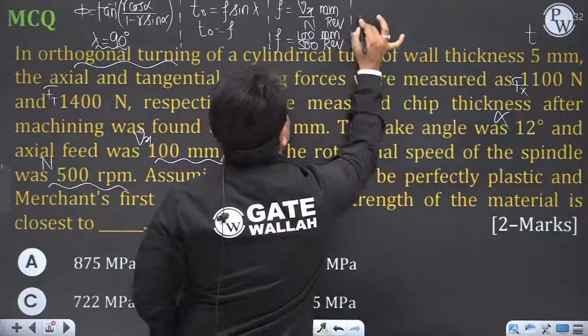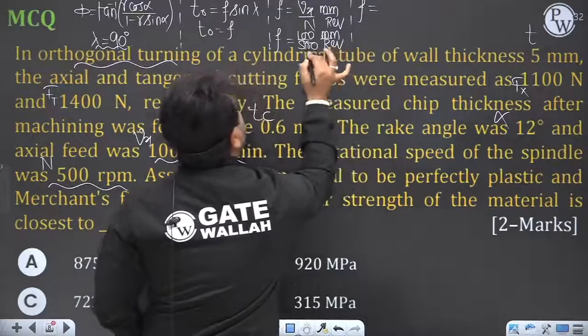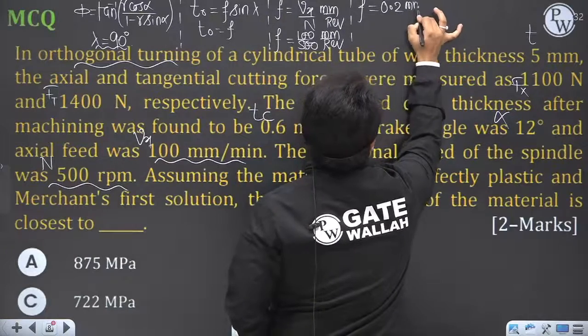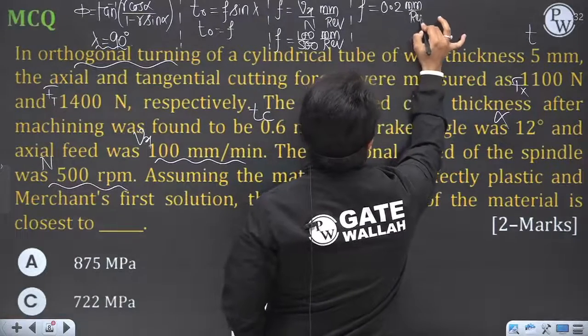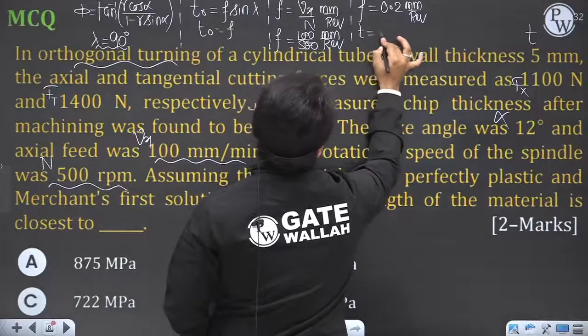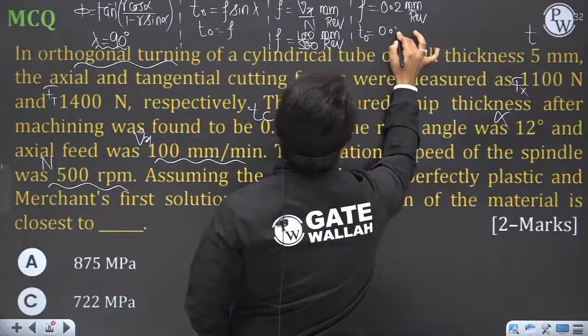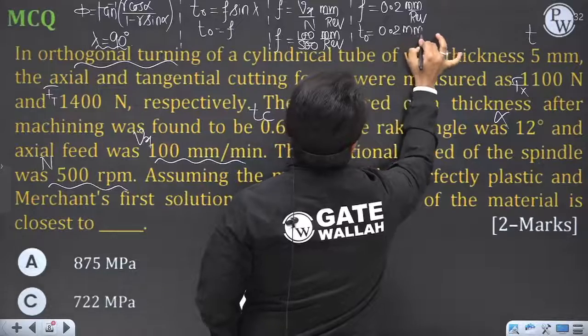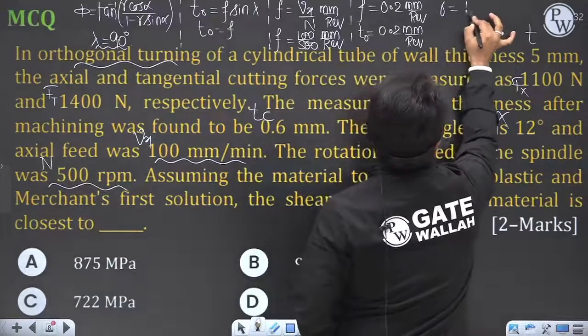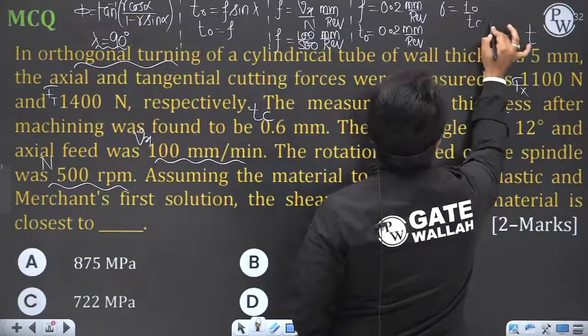Now, feed is 0.2 mm per revolution. So T naught will be 0.2 mm per revolution. R is chip thickness ratio, that is T naught by TC.